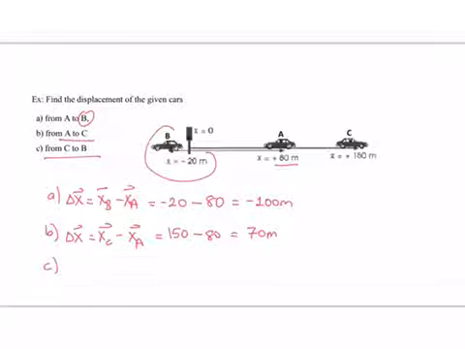From C to B, the final position is B, so xB minus xC. xB is equal to minus 20 minus xC is equal to 850, which is equal to 870 meters.